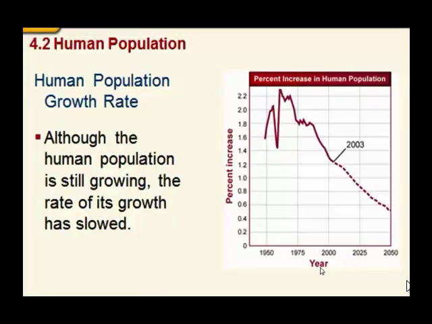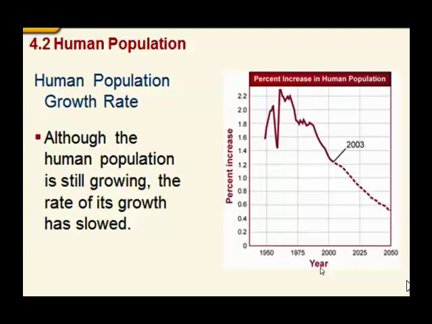Although human population continues to climb exponentially, our growth rate is actually slowing or declining. Our growth rate reached a peak in 1962 at 2.2 or slightly above 2.2. And our current growth rate is approximately 1.1%.